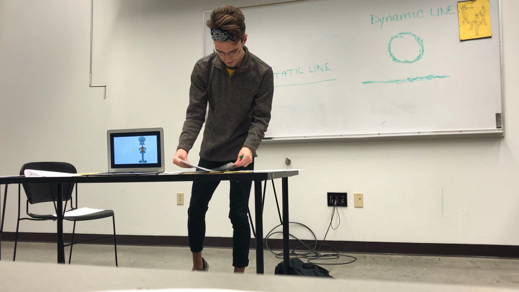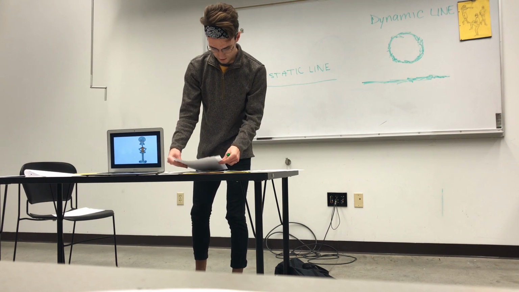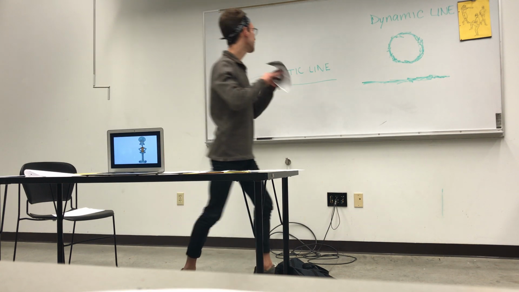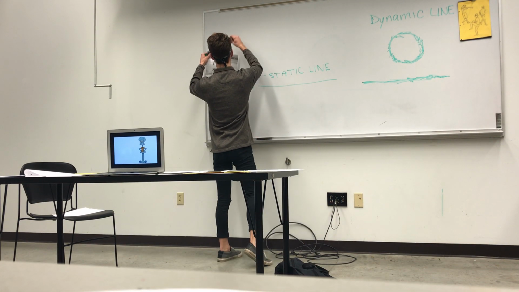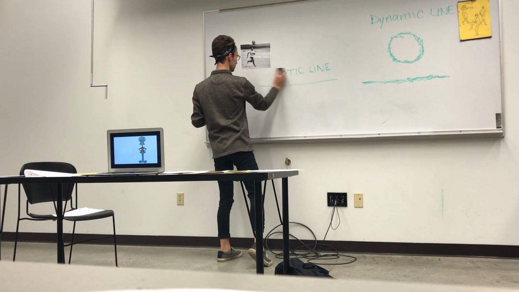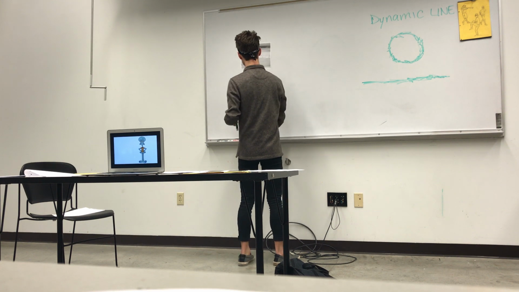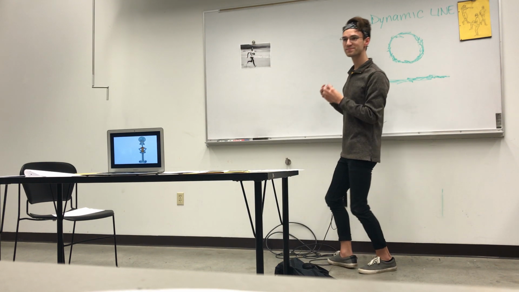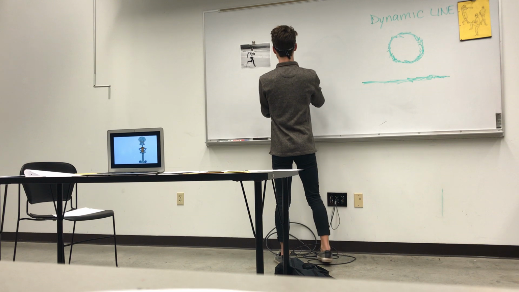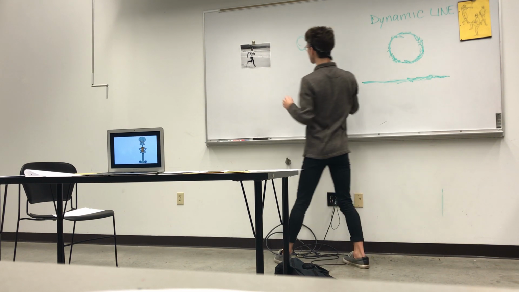I know these pictures cannot be projected, so let's say I take this figure here. Everyone see? So what I want to do first is decide, okay, there's the head.